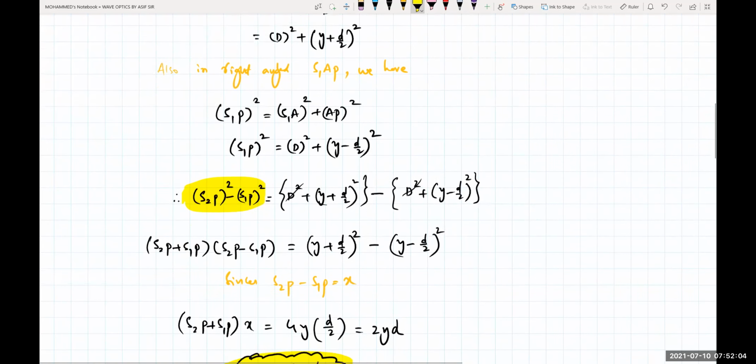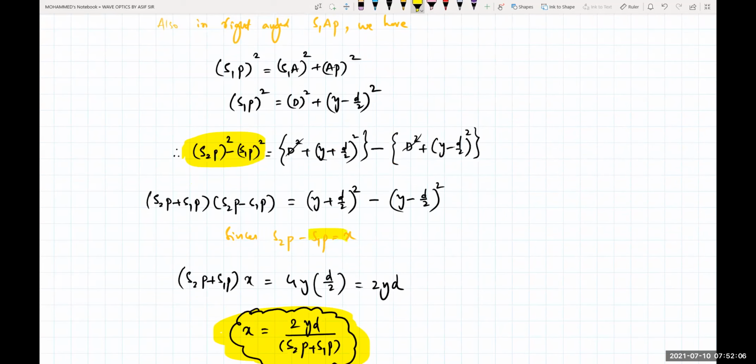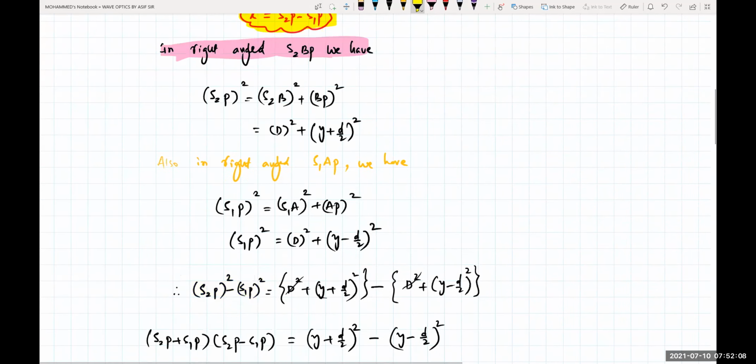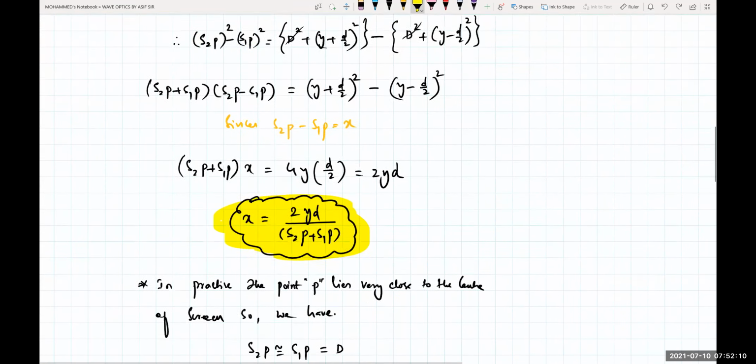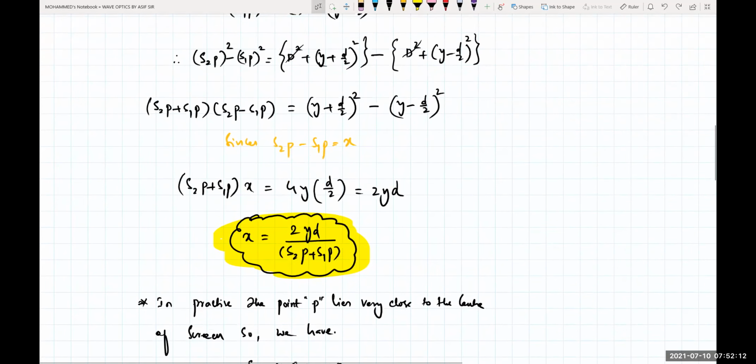Now since S2P minus S1P is equal to X, I can write S2P minus S1P as X. So S2P plus S1P into X will be equal to, this will become 4y into D by 2.